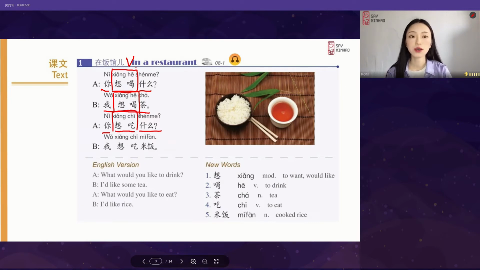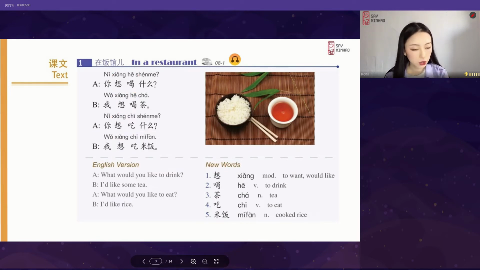What do you want to eat? And B said 我想吃米饭, I'd like some cooked rice. So we can see in this text we are practicing 想 plus the verb structure, okay? 想 do something.